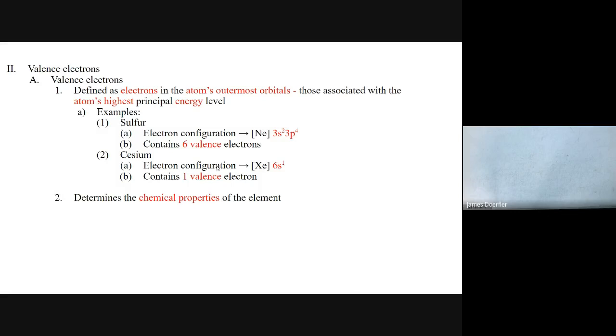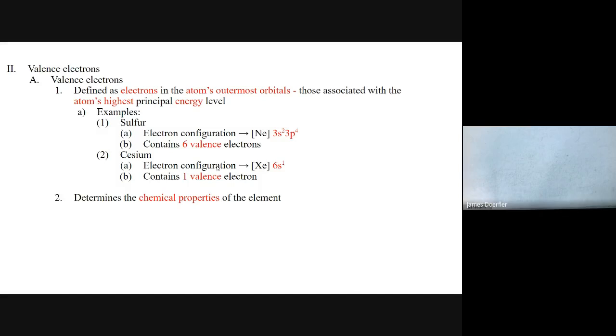Cesium. Electron configuration of Xe 6s1. It only has 1 valence electron. Again, we find that out by looking at the superscripts on the s and the p. Transition metals, lanthanide and actinide series, are going to be a little different in terms of their valence electrons.